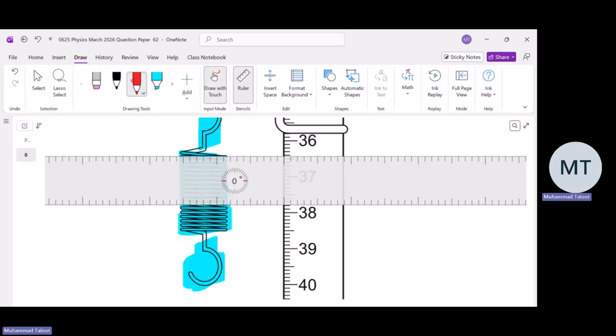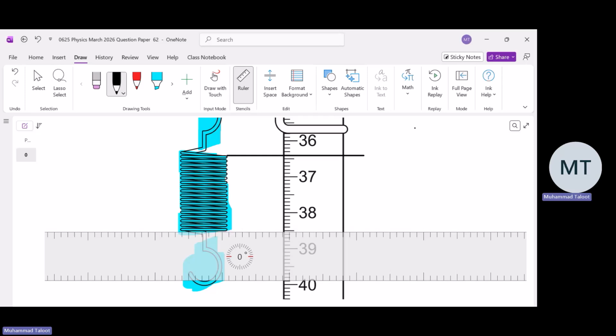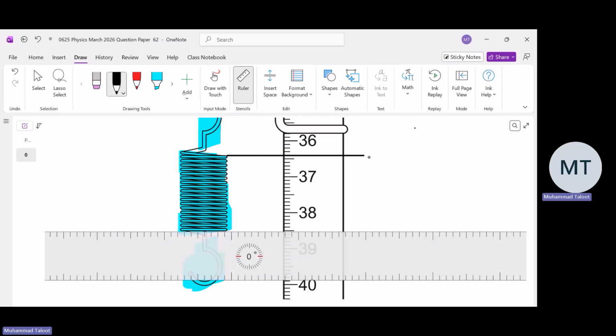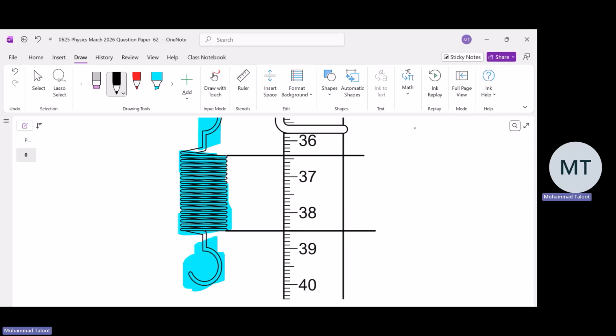Keep your pencil as sharp as possible. One value I'm going to record from here, and the other value from here. So you can make a set square here. It will be a great representation.